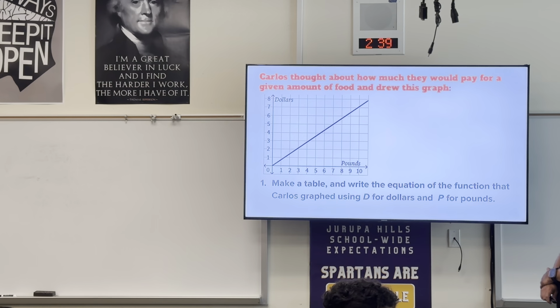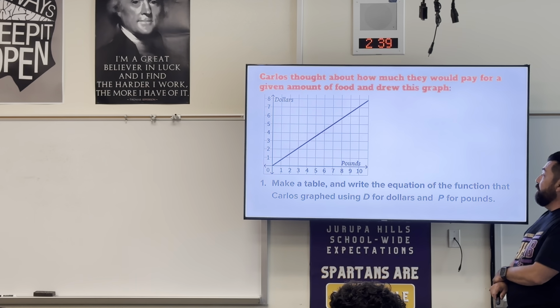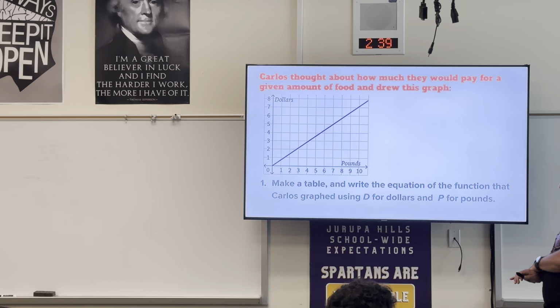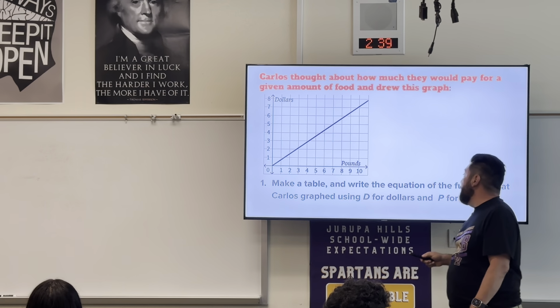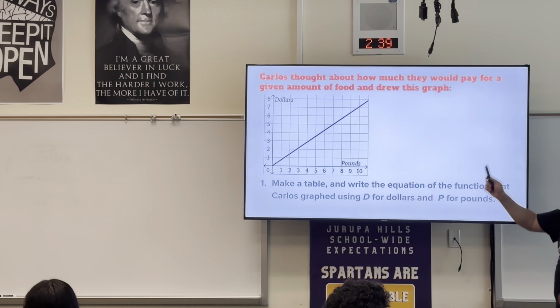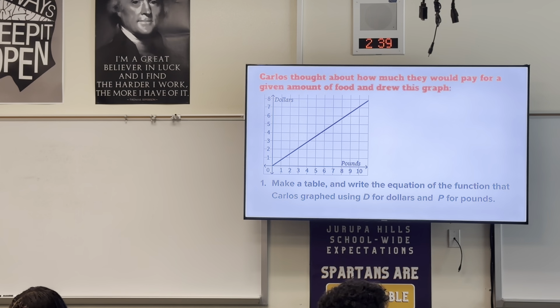Okay? So here's our first question, number 1 in your book. Carlos thought about how much they would pay for a given amount of food and drew this graph. So he drew a graph according to how much this company is selling the dog food for. Your job is to make a table based on this graph and then write an equation based on the graph or based on the table.